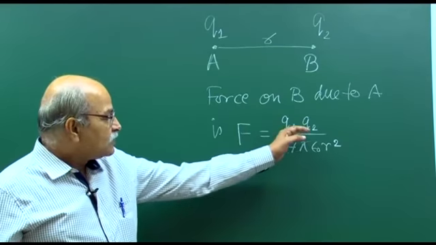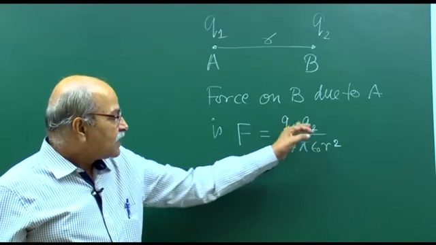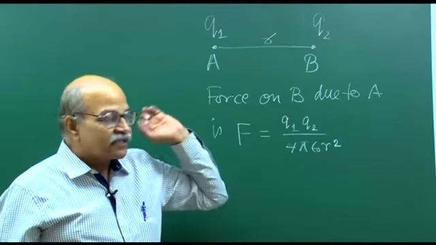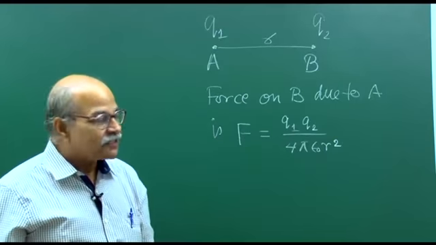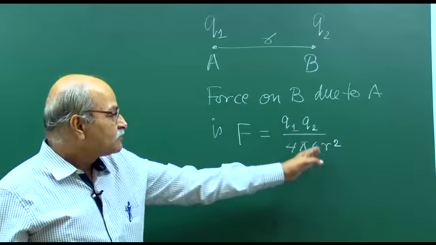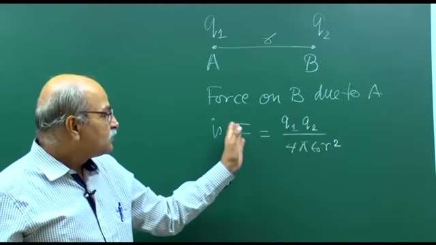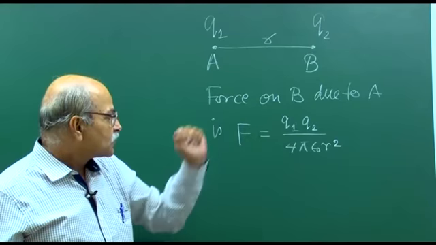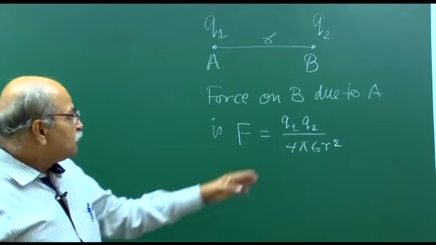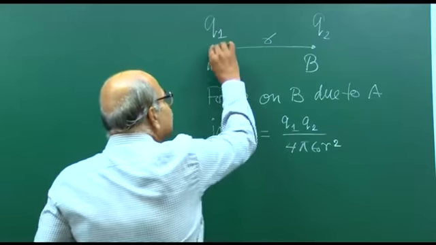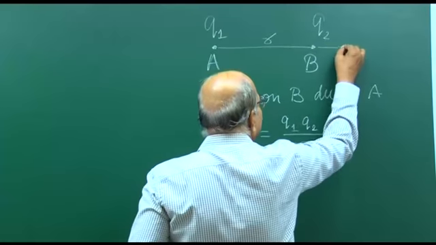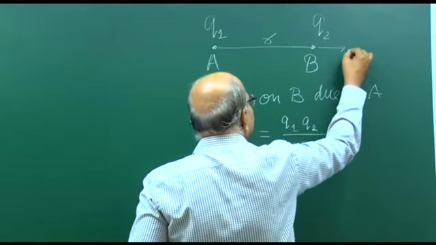If the signs of Q1 and Q2 are the same, both positive or both negative, then this whole thing is positive and gives me the magnitude of the force, and the direction of force on B will be away from A.